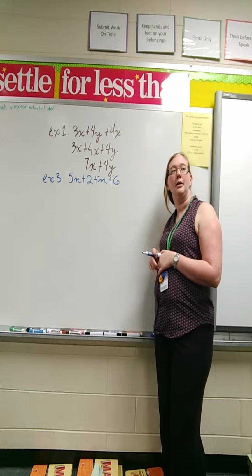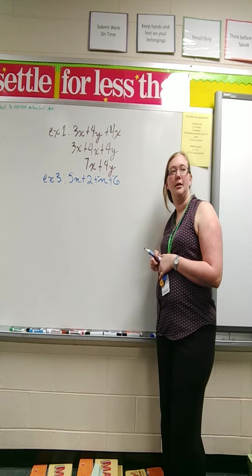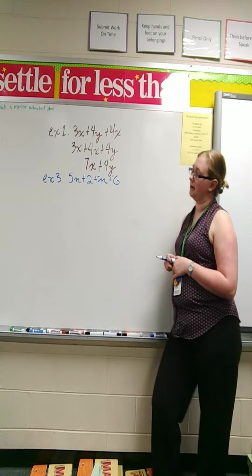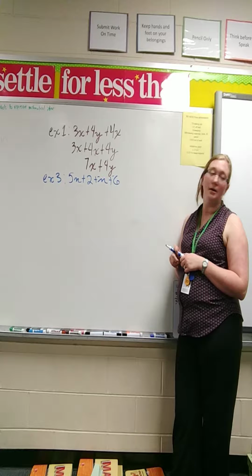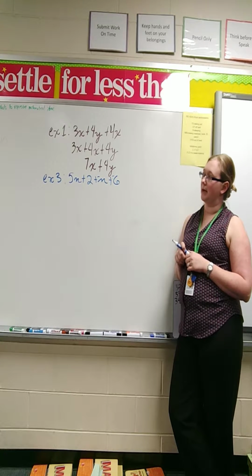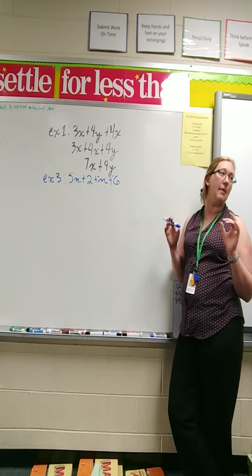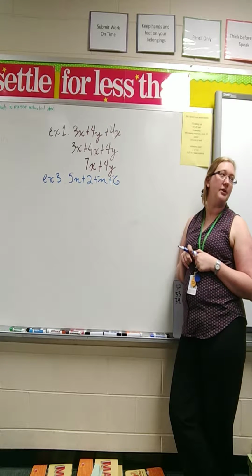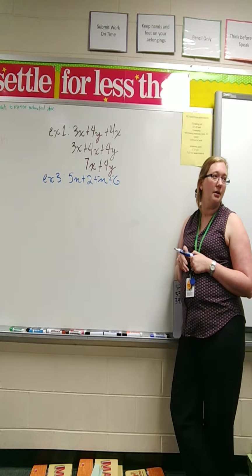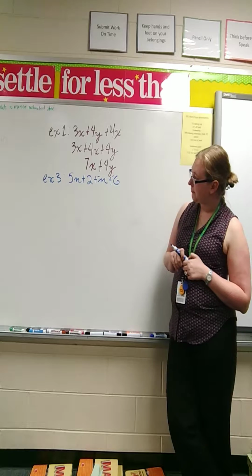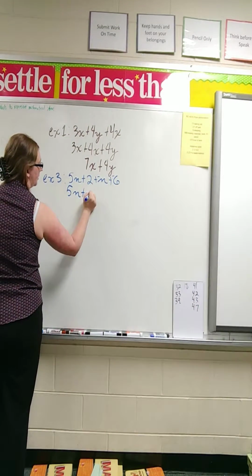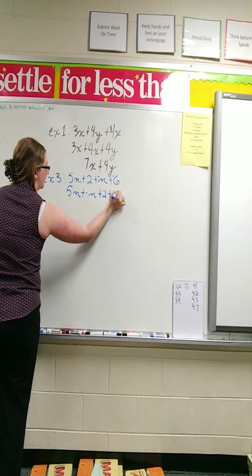It's the numbers that are by the variable, the specific variable, like 5 and 1 for the n. So those are my coefficients, but can I put those together to combine those right now, the way that this is written? No. So how do I have to rewrite it? With the 5n plus negative n, plus 2 plus negative 6.